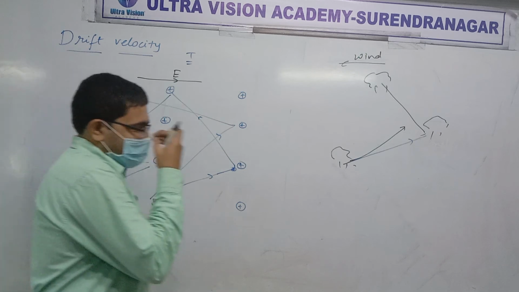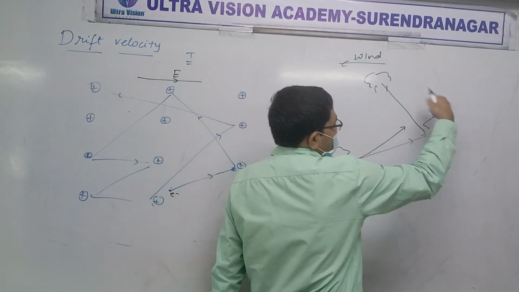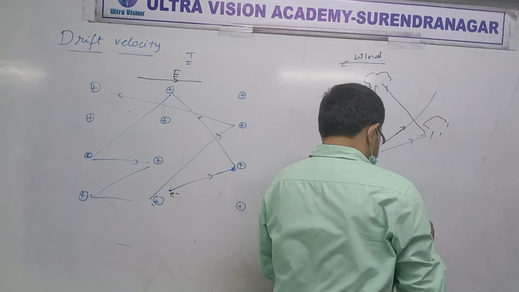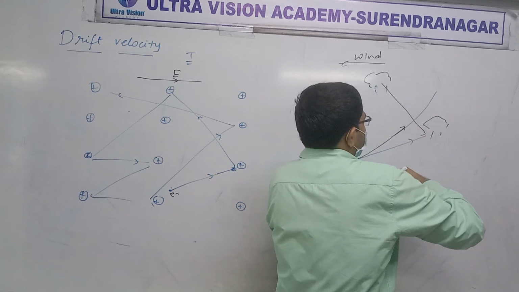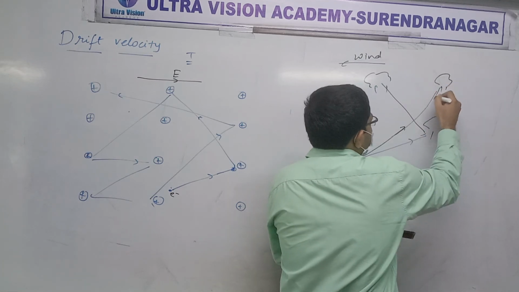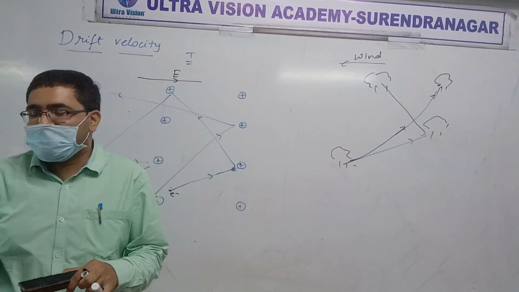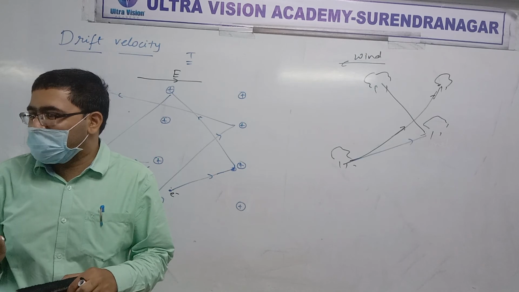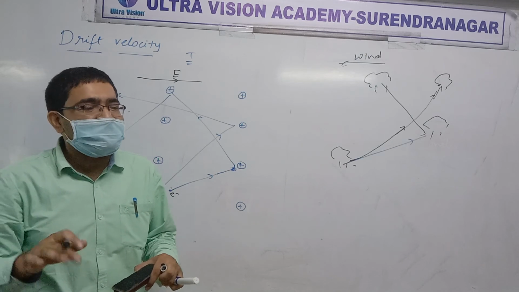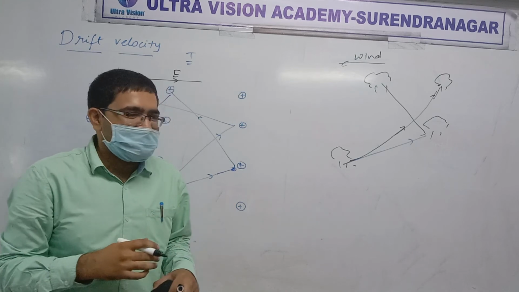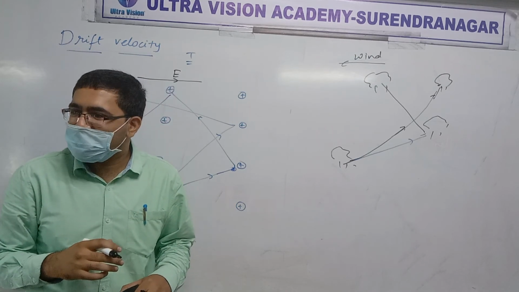But then let's say somehow it manages to sit on some other tree, not this tree. Let's say it starts flying like this. Okay, so it misses this tree but manages to sit on the other one, assuming there are lots of trees. Now then it will try to fly to the next one. What will happen? Once again, wind will apply force on it. Yes or no? Yes. Sure.